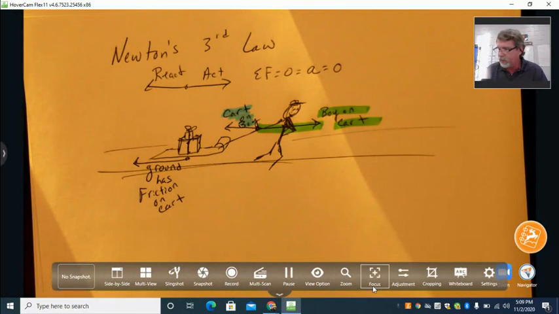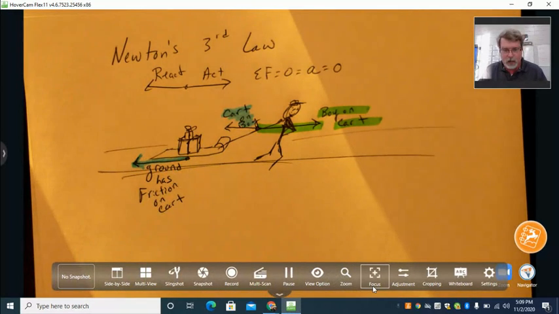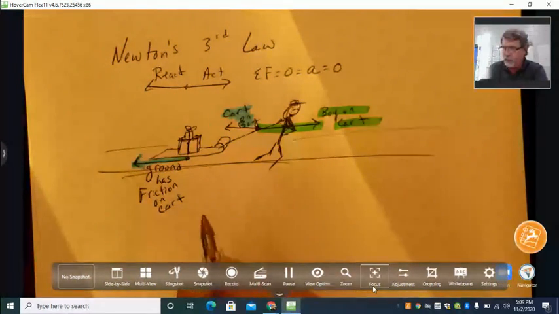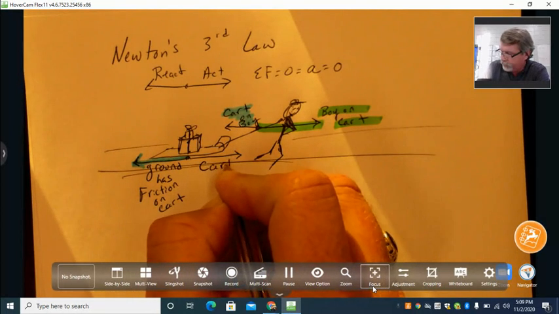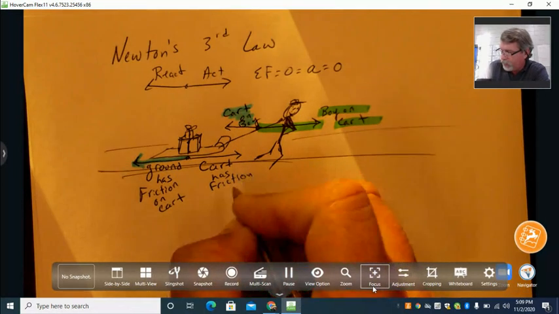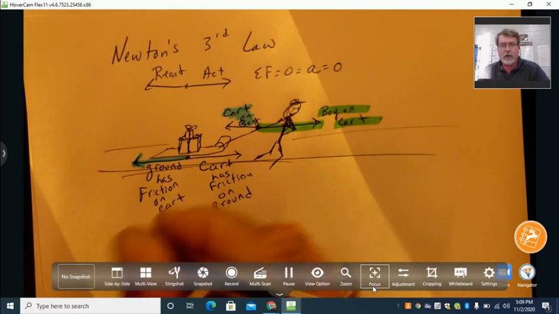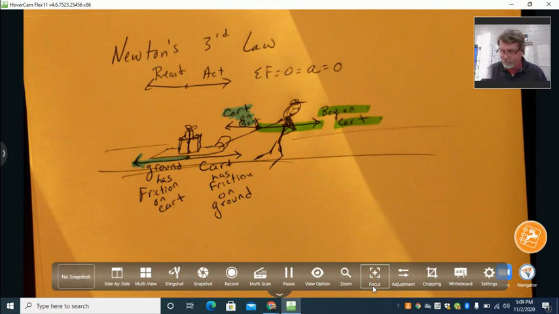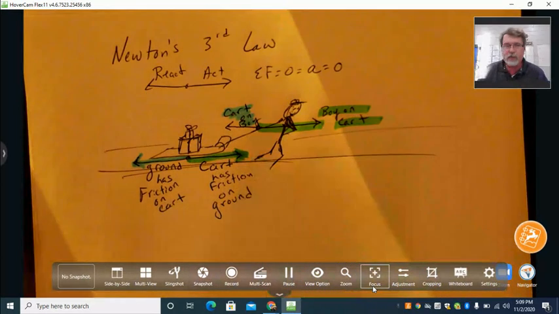That would be our force here. Okay, and then the opposite force to that would be the cart has friction on the ground. All right, so if the cart has friction, then the ground is creating that, so you got equal but opposite.